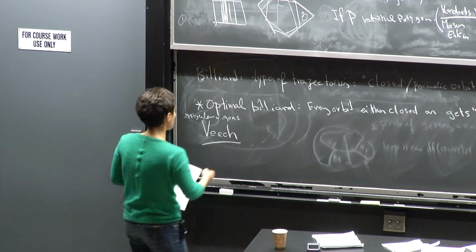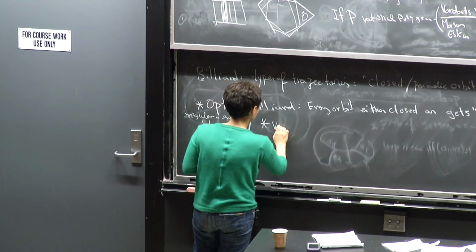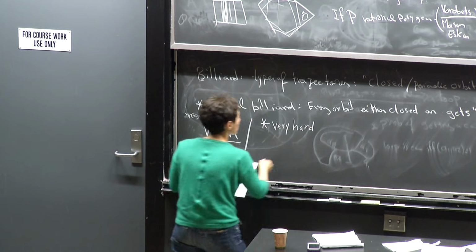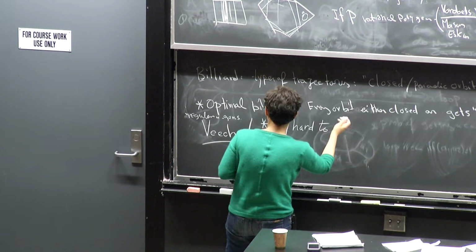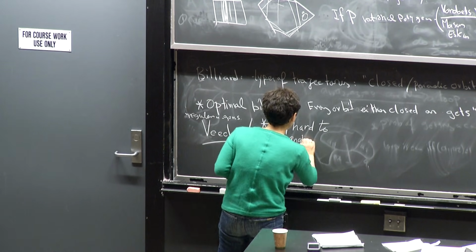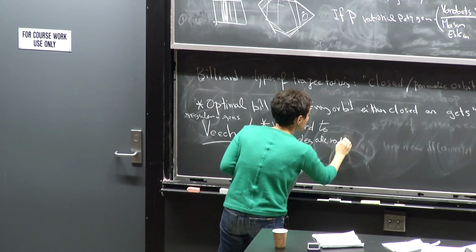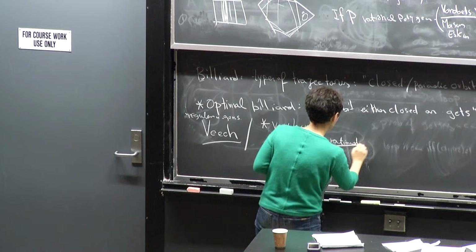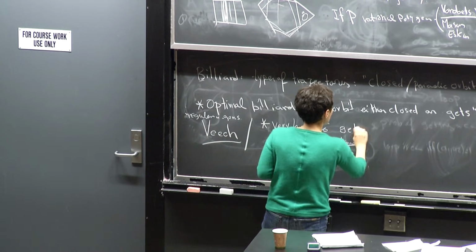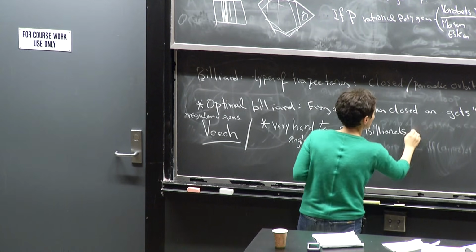But it's very hard, even in the case that the angles are rational multiples of pi, to prove that some billiards are optimal or not.